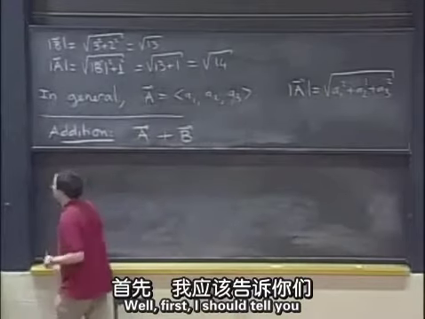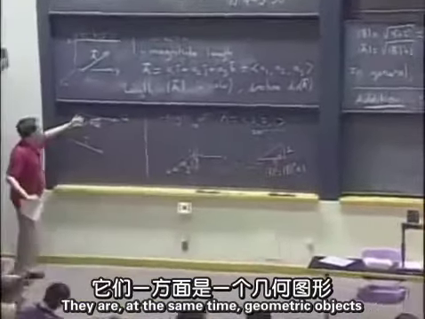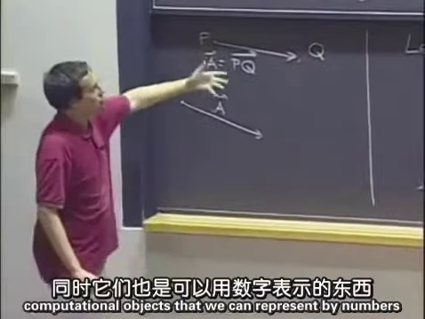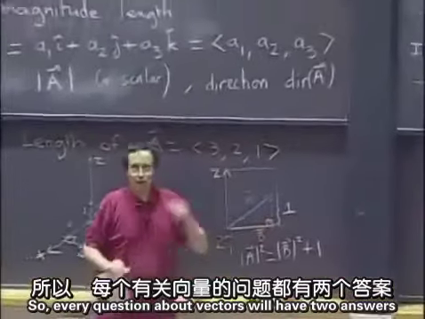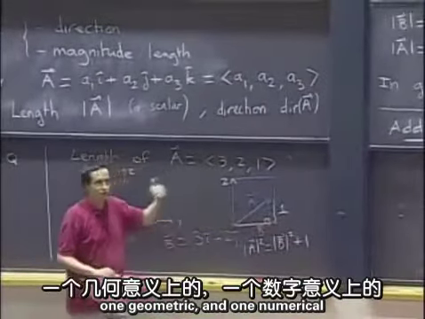Well, first, I should tell you, vectors, they have this double life. They're at the same time geometric objects that we can draw like this on pictures, and they are also computational objects that we can represent by numbers. So every question about vectors will have 2 answers, one geometric and one numerical.